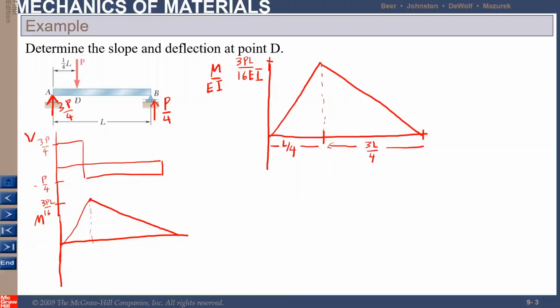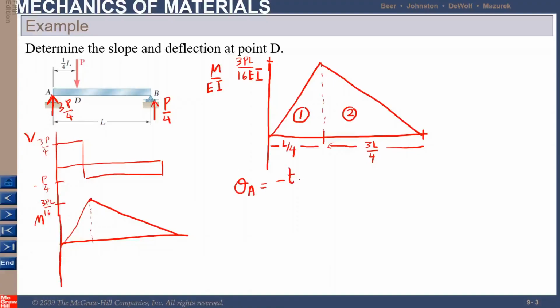To make it easier, we can divide this into two parts. This triangle here will be part 1, and the second triangle will be part 2.